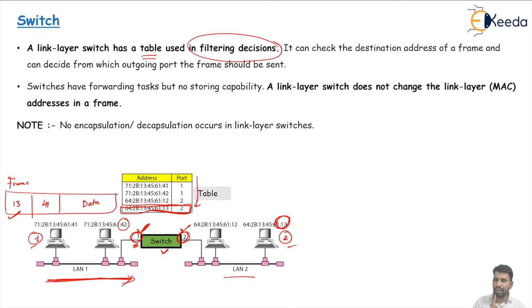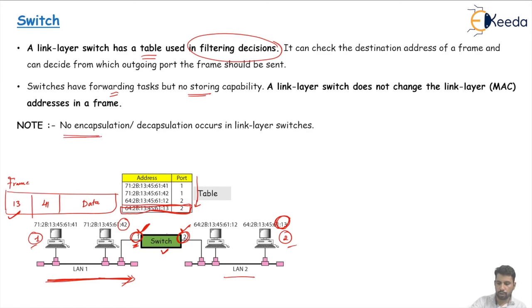A switch has a forwarding task only. Please take note of this point. It has no storing capability. It only forwards the message by checking the destination address. It will not store the complete packet. That's why we can say encapsulation and decapsulation also do not take place at the switch.